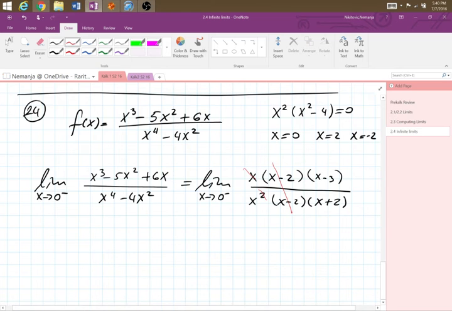Now, if you try to plug in, you see that the one x that survives in the denominator still stays there, and it is 0. So it's still dividing by 0. So it is going to be infinity, and we do have a vertical asymptote at 0.